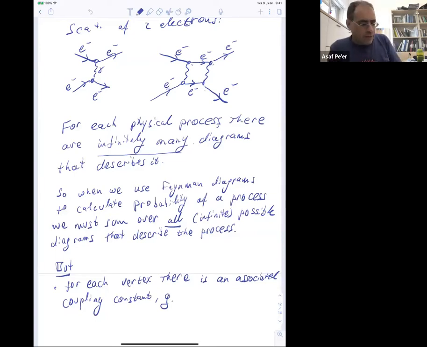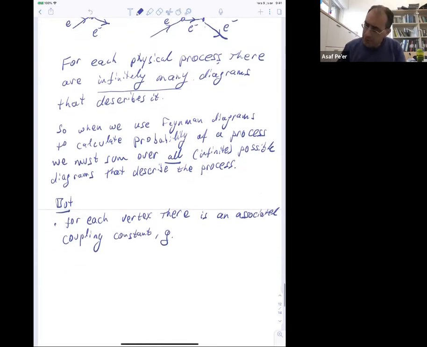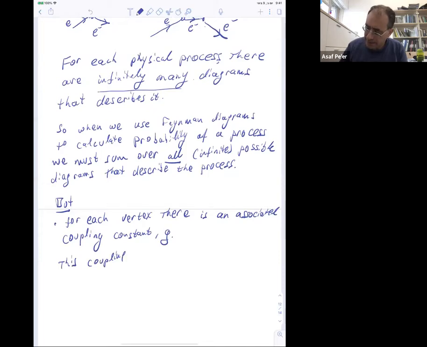Now, this coupling constant enters into the calculation of the quantum mechanical transition matrix element for the interaction.